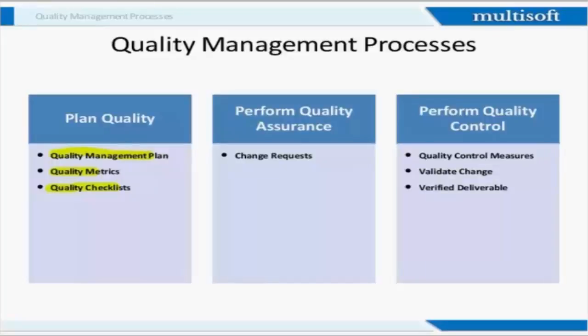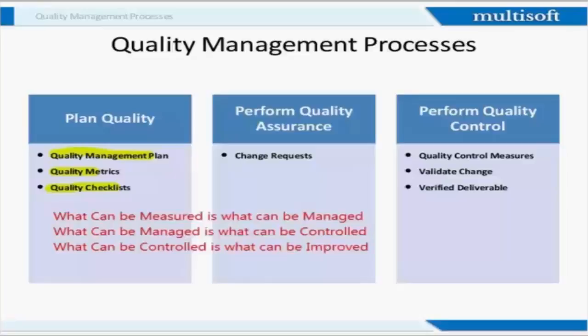It starts with what I measure. Metrics play a very important role in improvement. In quality planning, in addition to the quality plan, I also have to plan my metrics and my improvement checklist.